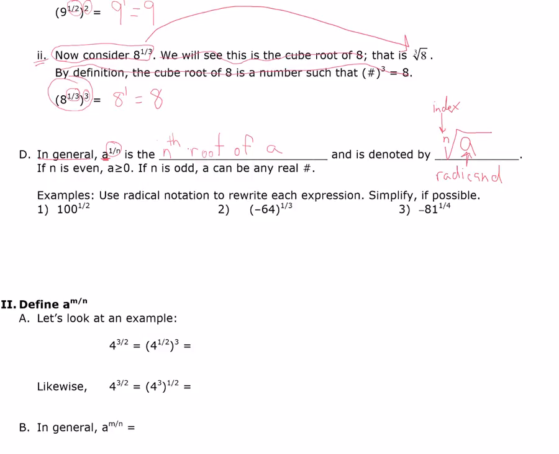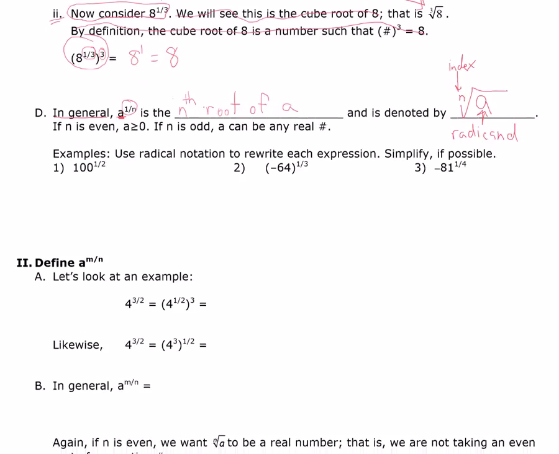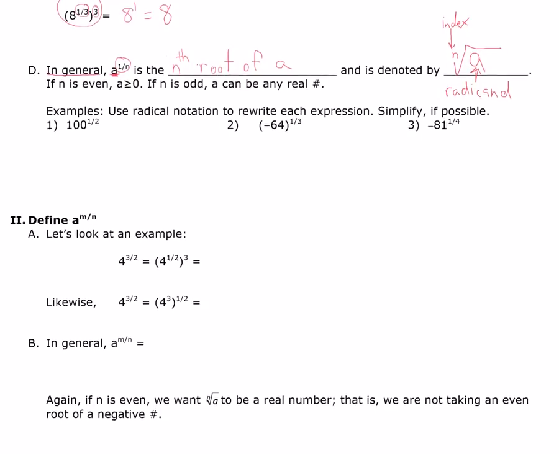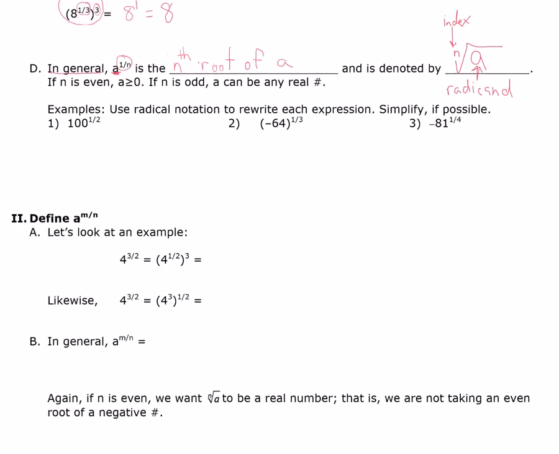Alright, let's look at some examples so we can play around with this. Let me scroll up here. These examples are going to take us to the promised land. It says use radical notation, and we want to rewrite each of these and simplify if possible.